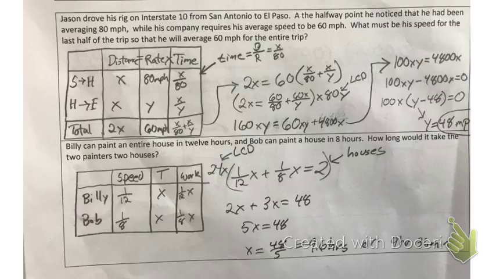Since distance equals rate times time, you need to know how to manipulate that formula. If you divide both sides by rate, you see time equals distance over rate, which in this case was x over 80. The distance divided by rate in the next one is x over y. Our total time would be these two things added up. And then you just solve. So you have two variables.